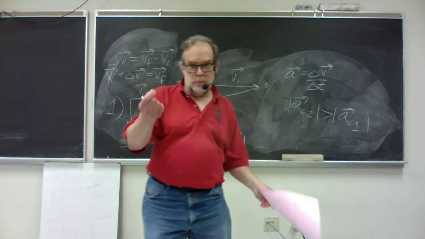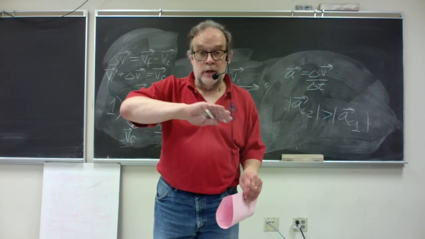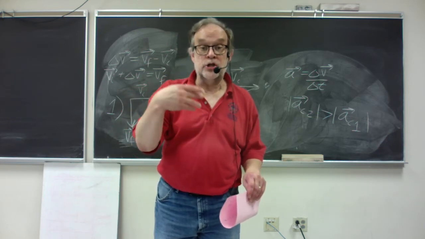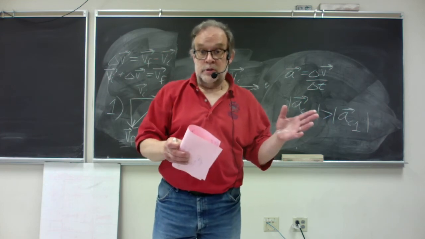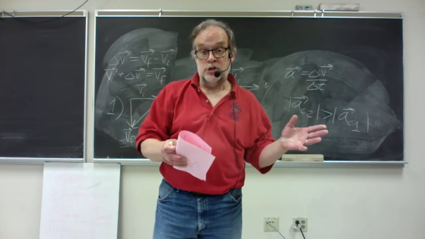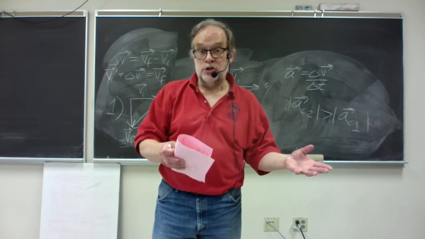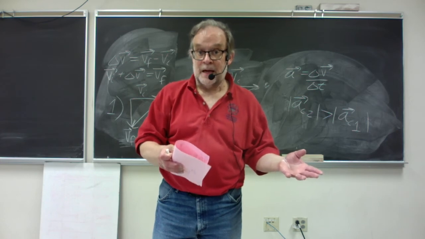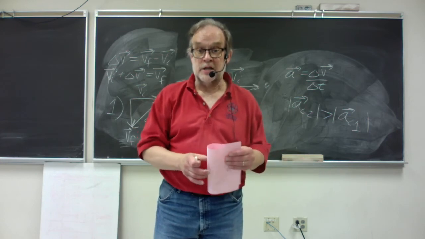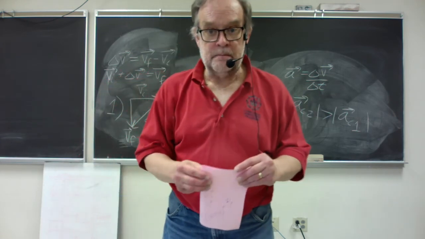Now remember what centripetal acceleration means. It's an acceleration that you have when an object's velocity is changing direction. So what centripetal acceleration tells you is the rate at which the direction of velocity is changing. How fast the direction of the velocity is changing, as opposed to how fast the speed is changing.